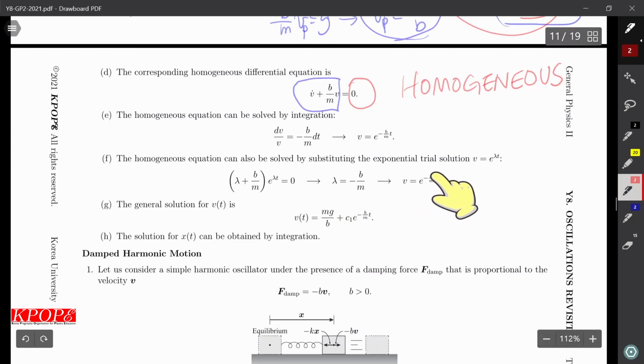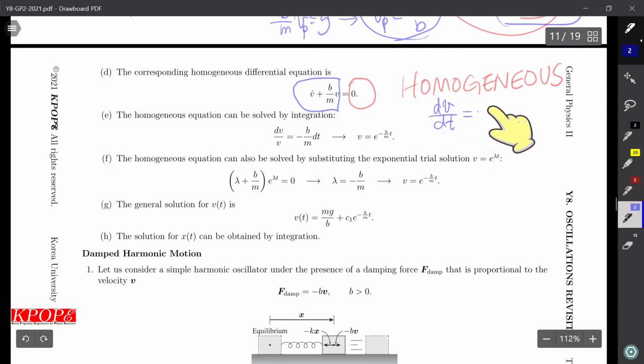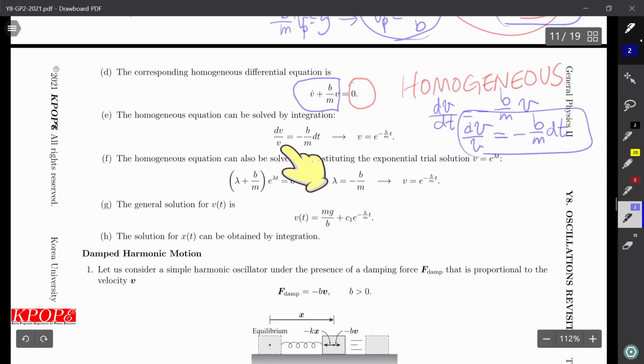This homogeneous equation can be solved directly by integration. dv over dt equals minus b over m v. So this is separation of variables. This one can be integrated. This one is a log.